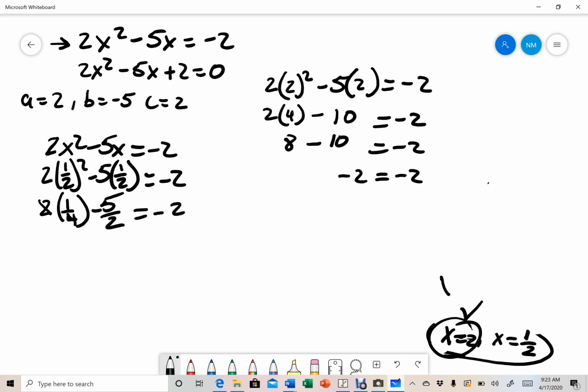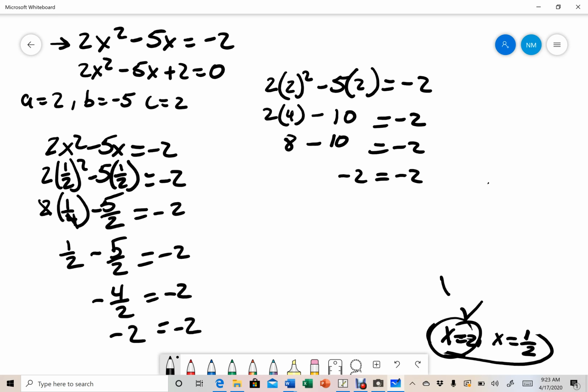Okay, this reduces, 2 goes into 4 2 times, so I have 1/2 minus 5 over 2 equals negative 2, and then subtract 5 from 1 over 2, and I get negative 4 over 2. And that reduces to negative 2 equals negative 2. So this one is correct as well.